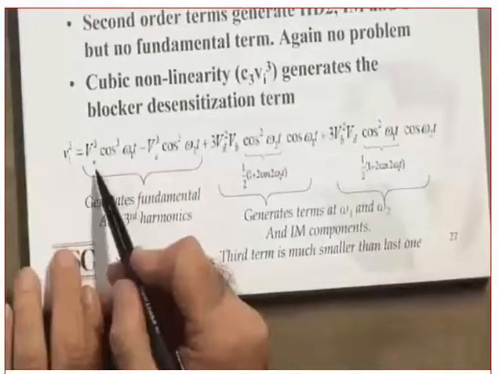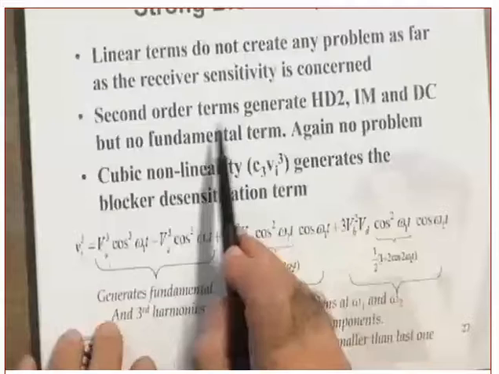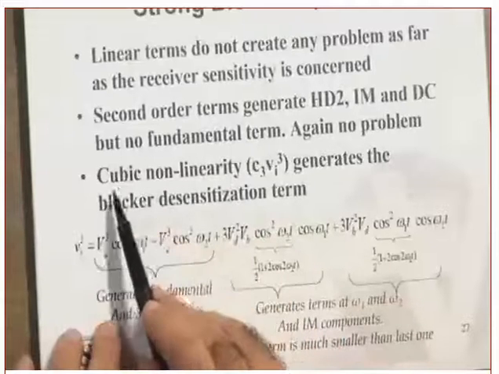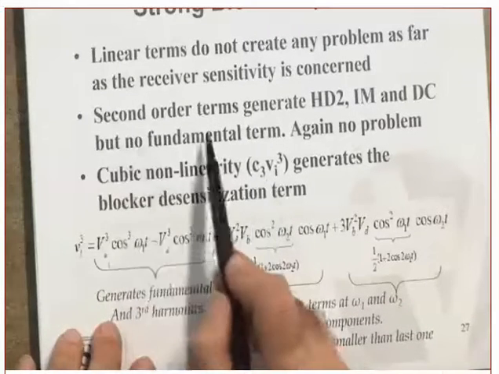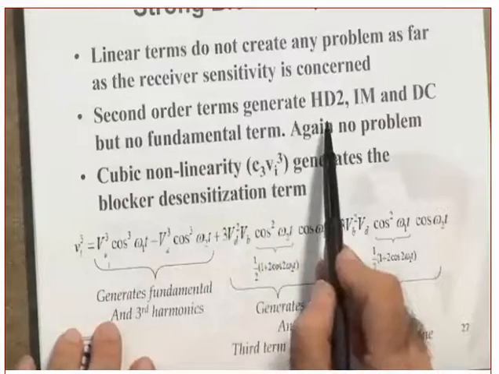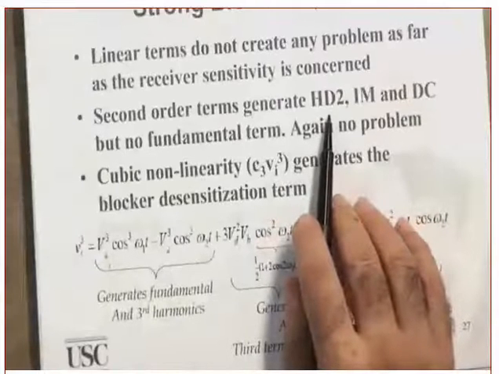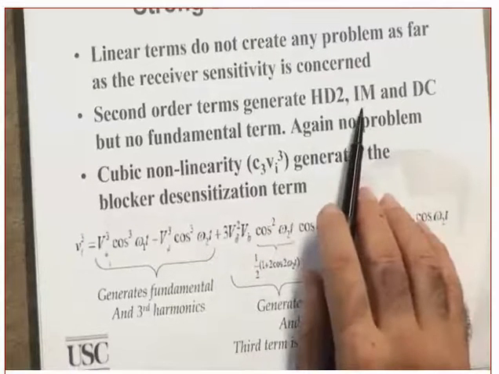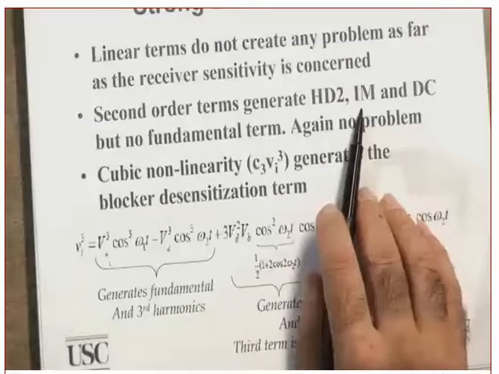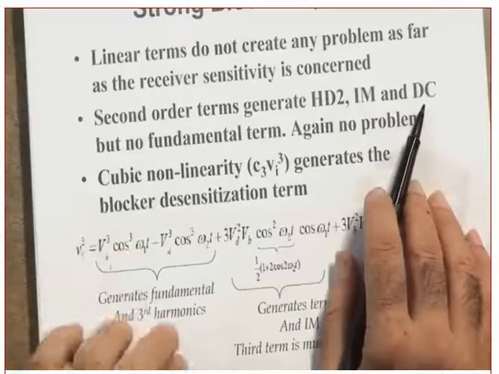First of all, let's assume we are dealing with the third order nonlinearity. By the way, what does the second order term generate? Second order means this one is squared. It is generating second order harmonic distortion. Yes? It generates second order intermodulation, and it also generates DC. Clear?